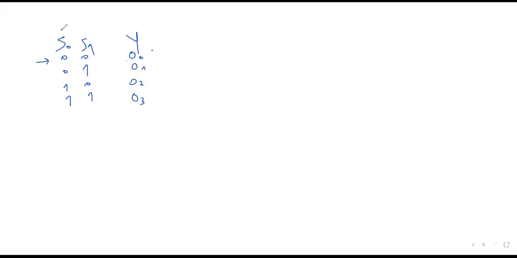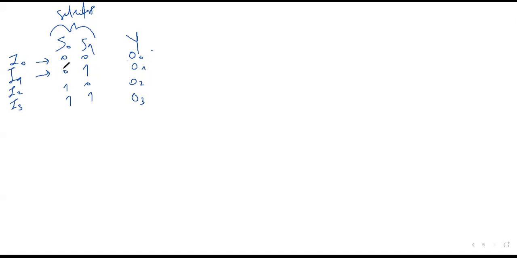When my selectors are on 0, 0, it means my input is input 0. If it's 0, 1, my selectors, it means input 1, input 2, input 3.